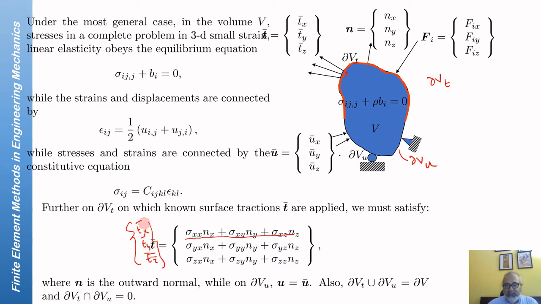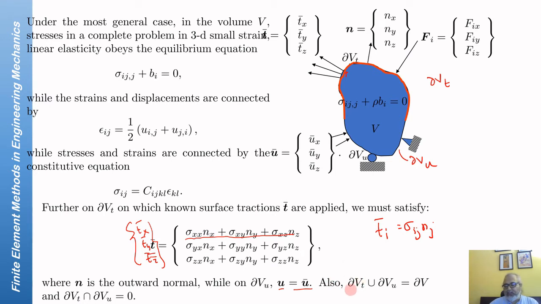These are specified. So Tx bar must obey this, where nx, ny, and nz are components of the outward normal at that point. Ty bar has to obey this. Tz bar has to obey this. What I have written here is, as you can understand, Ti bar equal to sigma ij nj, which I have written here in matrix form. So on delta Vu, you will have u equal to u bar, again another sort of boundary condition.